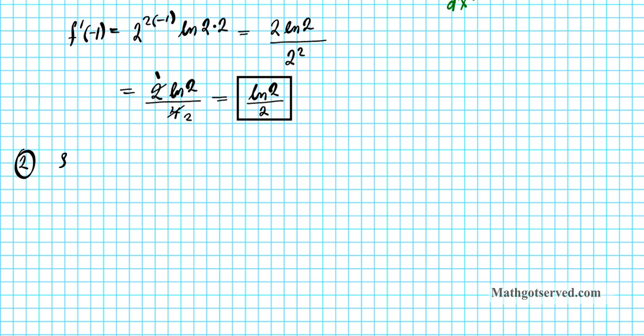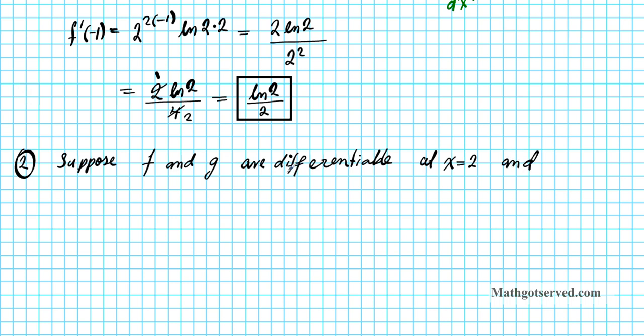Okay, so for number 2, suppose f and g are differentiable at x equals 2, and f of 2 is equal to 3, f prime of 2 is equal to 5, g of 2 is equal to -1, and g prime of 2 is equal to 3.